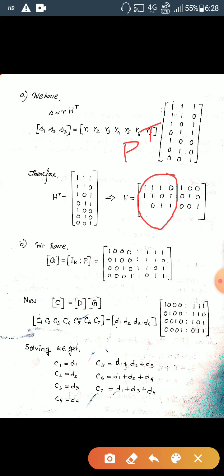And if you transpose it again, this one will become the P.